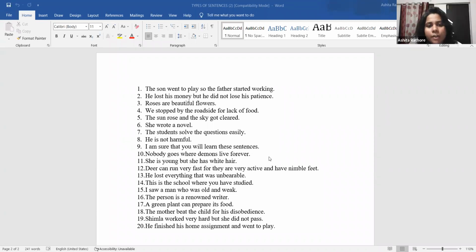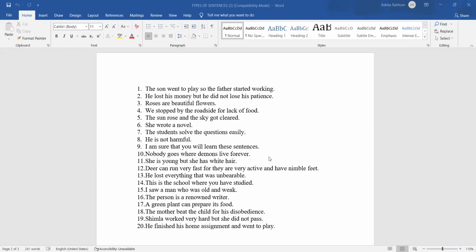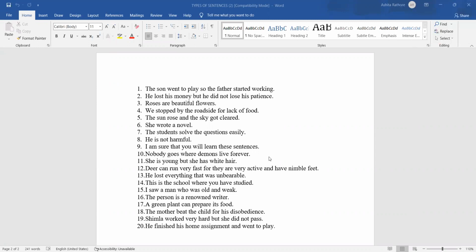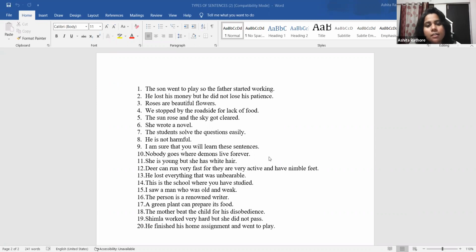Okay. So if it's compound, तो जो हमारा addition है, वो demons live forever के आगे क्यों लग रहा है? What, ma'am? जो हमारा coordinating conjunction है, वो तो subordinating clause के साथ में आना चाहिए.